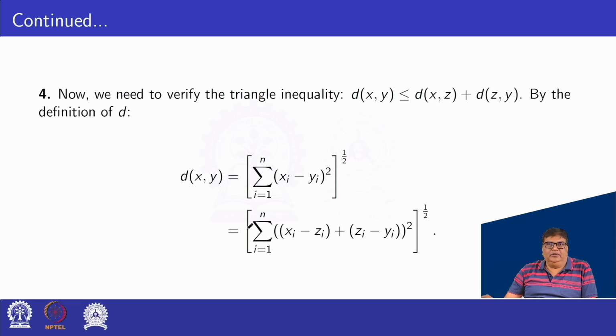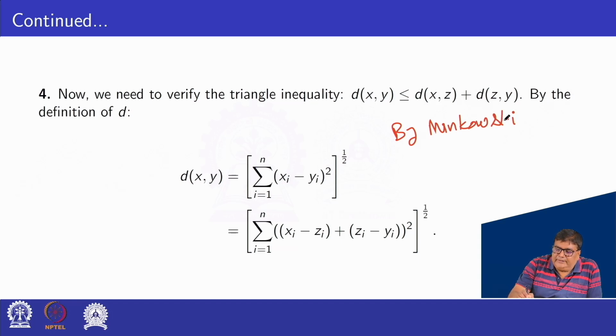We know the Minkowski inequality: summation i equal to 1 to n of |ai plus bi| power p, whole power 1 by p, is less than or equal to summation i equal to 1 to n of |ai| power p, whole power 1 by p, plus summation i equal to 1 to n of |bi| power p, whole power 1 by p. That is the Minkowski inequality.